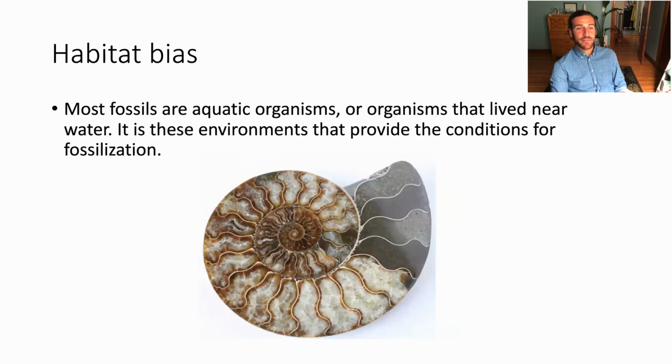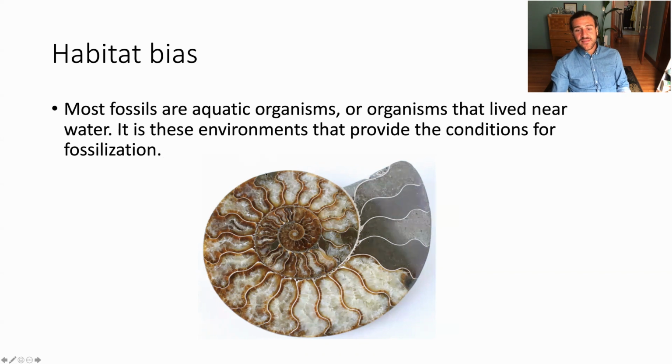There's a habitat bias. Aquatic organisms that live around water have a better chance for sediment to settle on them and for fossilization to actually occur. Because of this, we have a much better understanding of marine and freshwater organisms than we do about terrestrial organisms.